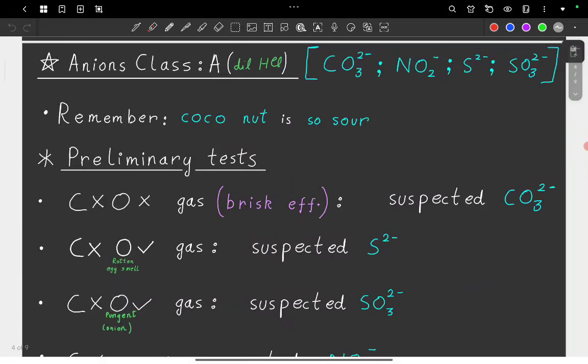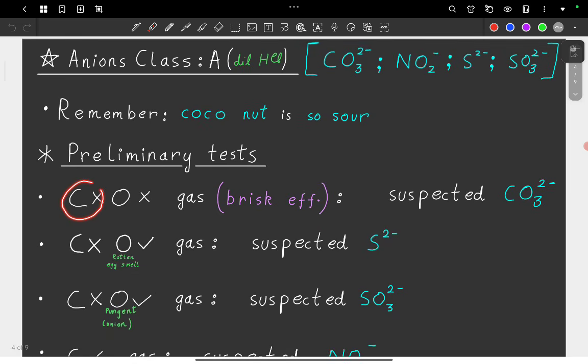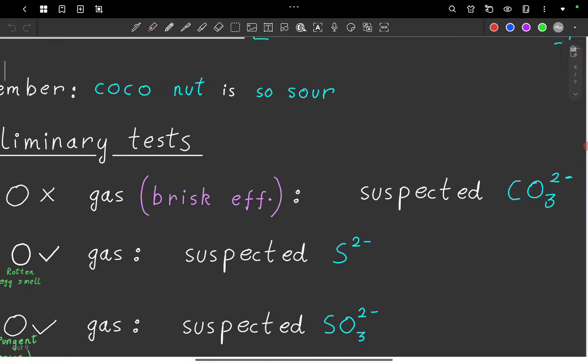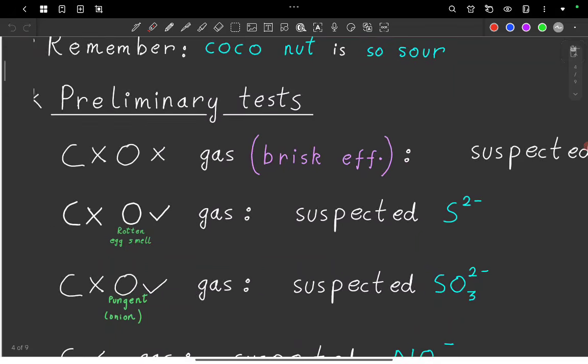First of all, if you add dilute HCl to your solution and the gas starts bubbling out like this, that is termed as brisk effervescence. And if that gas has no color and no odor and still you see bubbles on the surface, you have to start suspecting that carbonate ion is present in the solution.